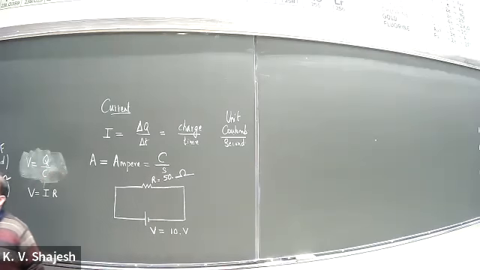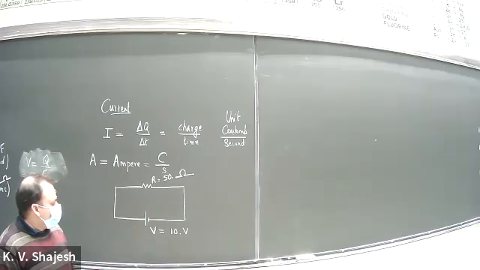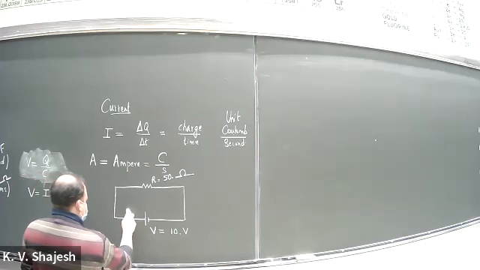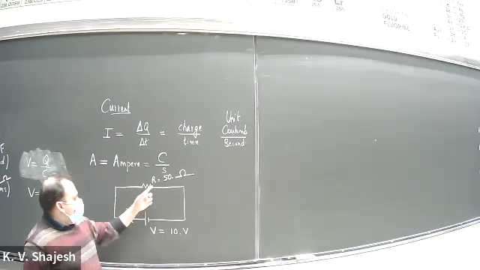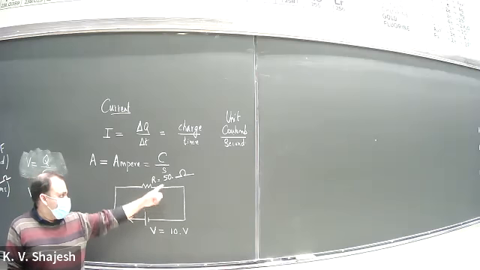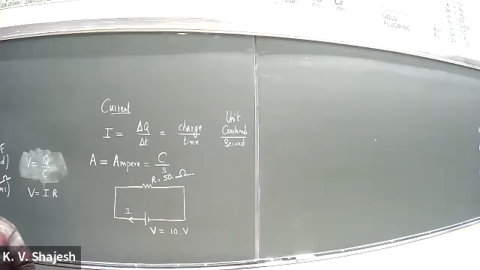Voltage is the characteristic of a battery. What is the response the device has to that voltage? That's given by the current, how much current it pulls. If the voltage is very high and the resistance is very small, then it will pull a lot of current because it doesn't have any resistance to that.